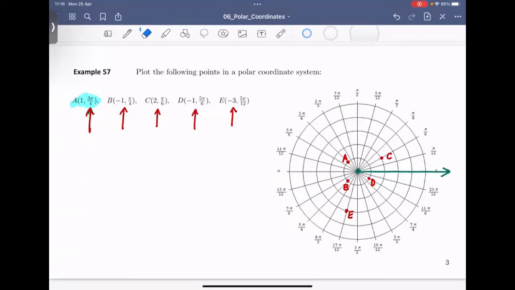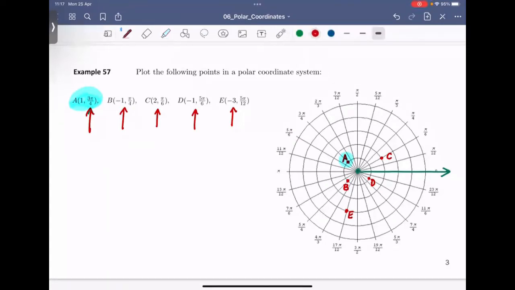Well, hopefully you are now more familiar with polar coordinates. What you can observe here is that for one point in polar coordinates, you could have more than one representation. Let's suppose I focus on the point A that I highlighted in light blue. I say this is 3 pi over 4, and then you go up 1 step.